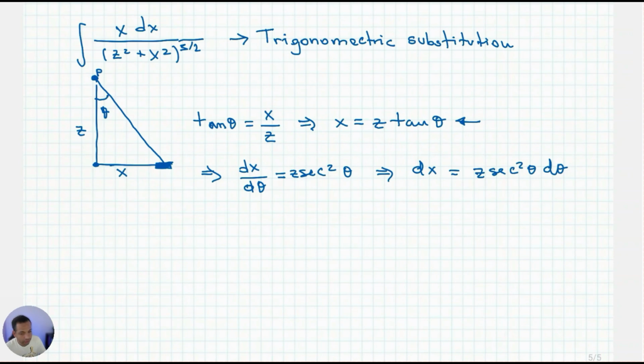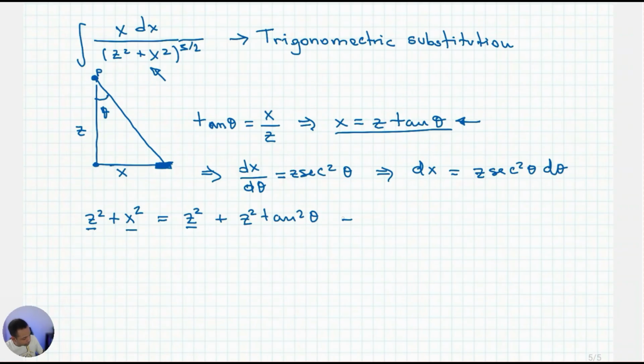Now we have the denominator of the integral right here, and it is z squared plus x squared. That's equal to z squared, this term, plus x squared, which is z squared tangent squared of theta.